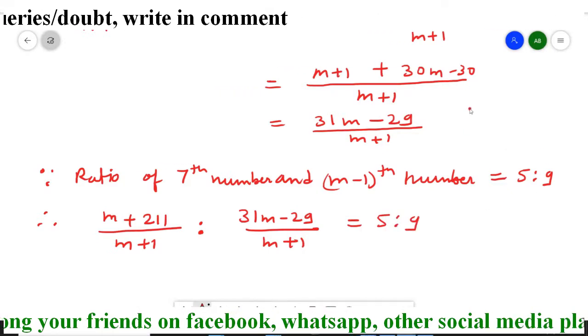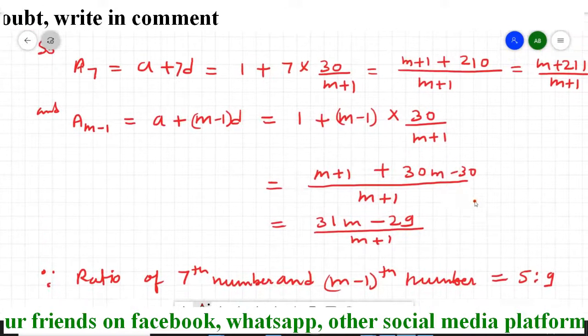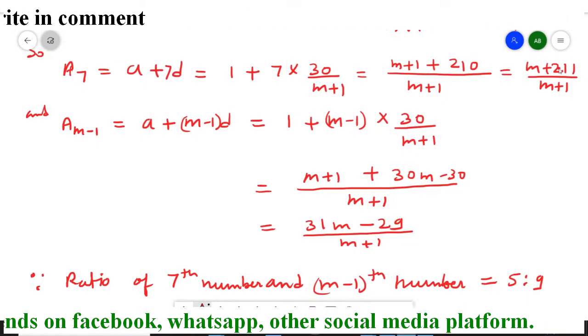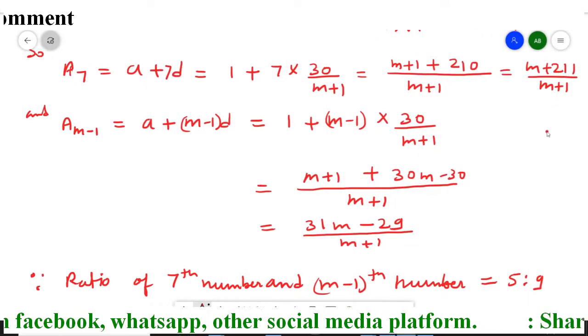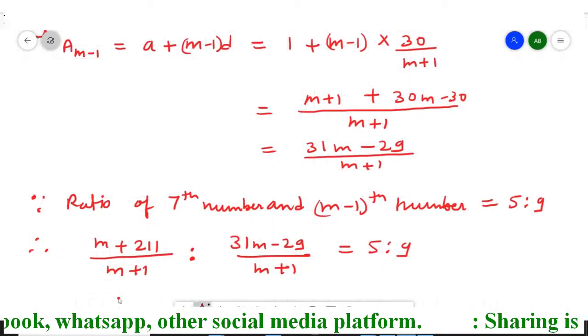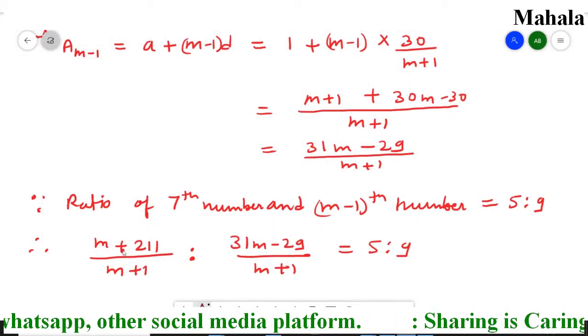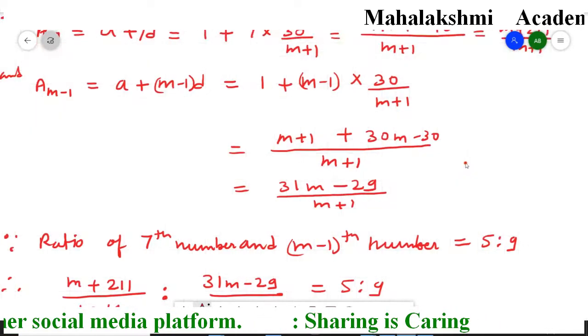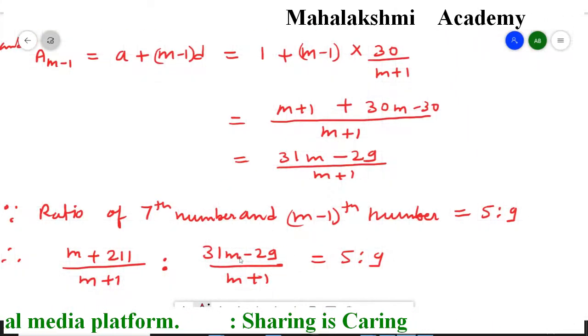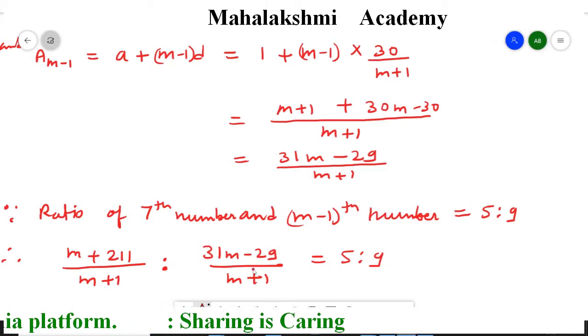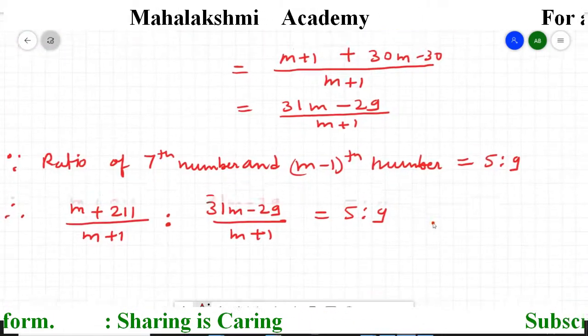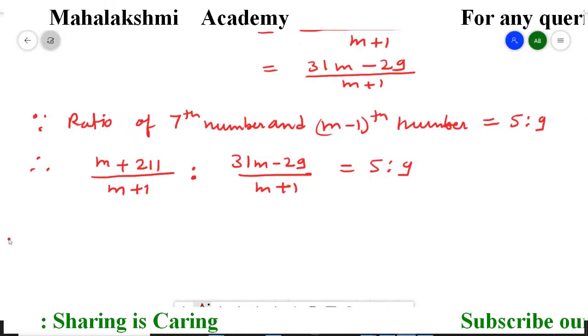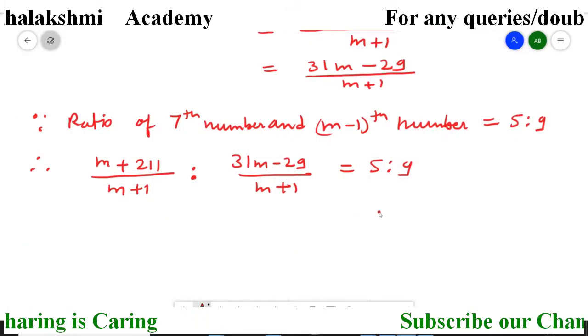Once we confirm the data: the 7th term is M plus 211 upon M plus 1, yes, it's correct, and the M minus 1th term is 31M minus 29 upon M plus 1.